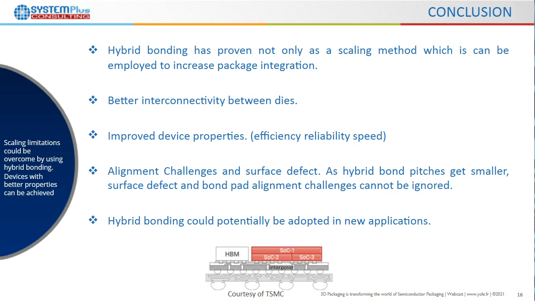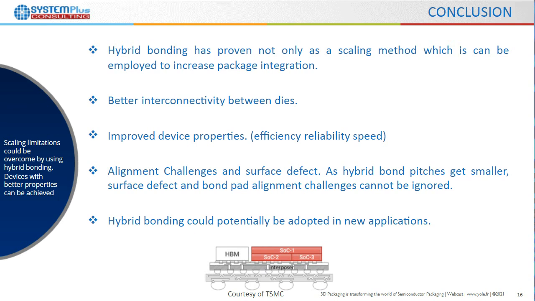Also, we cannot ignore the challenges that this type of technology has, like the alignment challenges and the surface defects that could actually reduce the yield. As hybrid bond pitches get smaller with all the components that they are making, surface defects and bond pad alignment challenges cannot be ignored at this moment.